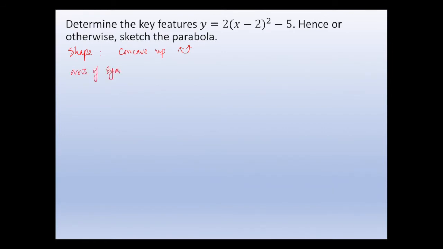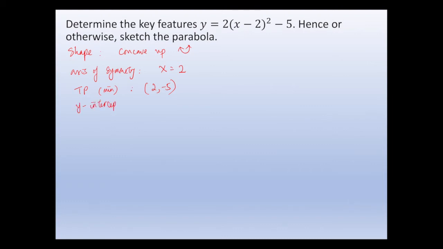And then we know the axis of symmetry is x equals 2, and the turning point is (2, minus 5). Alright, from the equation, you know that this is a minimum since it is a concave up shape.